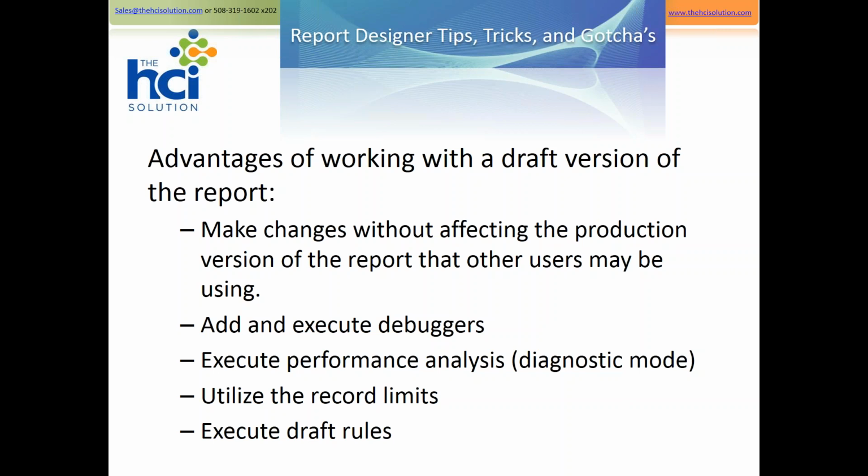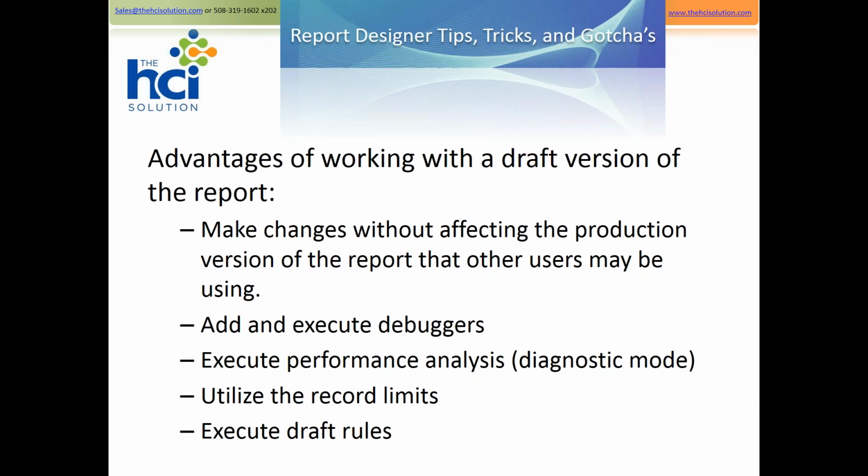And the report being in draft mode allows you to utilize the record limit fields so that you can run the report and you just say, oh, just include 10 records on the report. That's very helpful for when you're first writing and developing a report and testing it out.